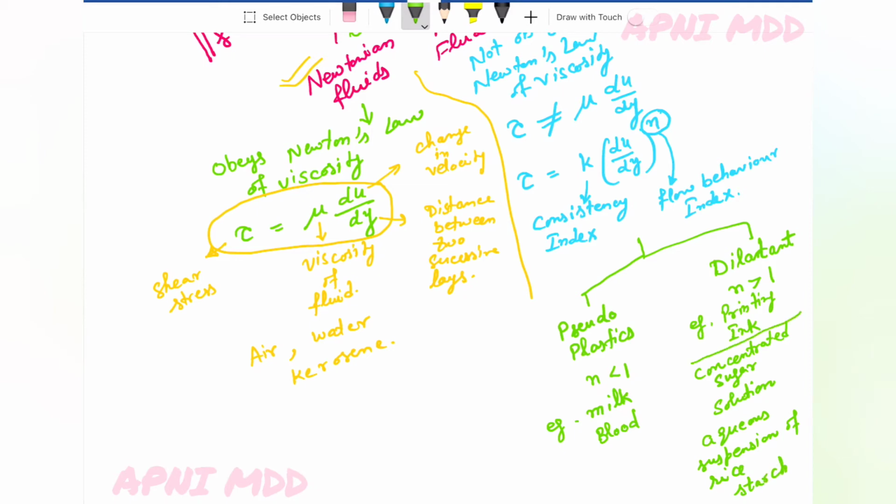So printing ink, concentrated sugar solution, and aqueous suspension of rice starch are some examples of dilatant fluid.